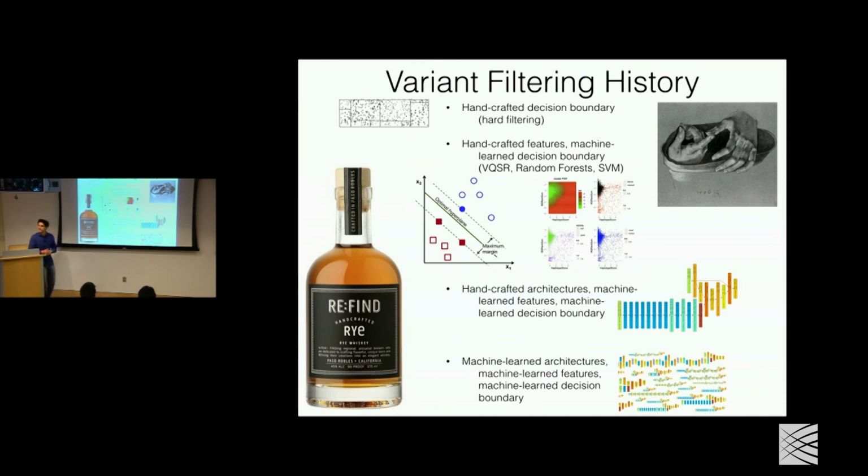Just to make sure everyone's on the same page, can you define variant filtering? What is variant filtering? Okay, so variant filtering is the task, given a variant, say, is it good or is it bad? We'll look at some examples in great detail.